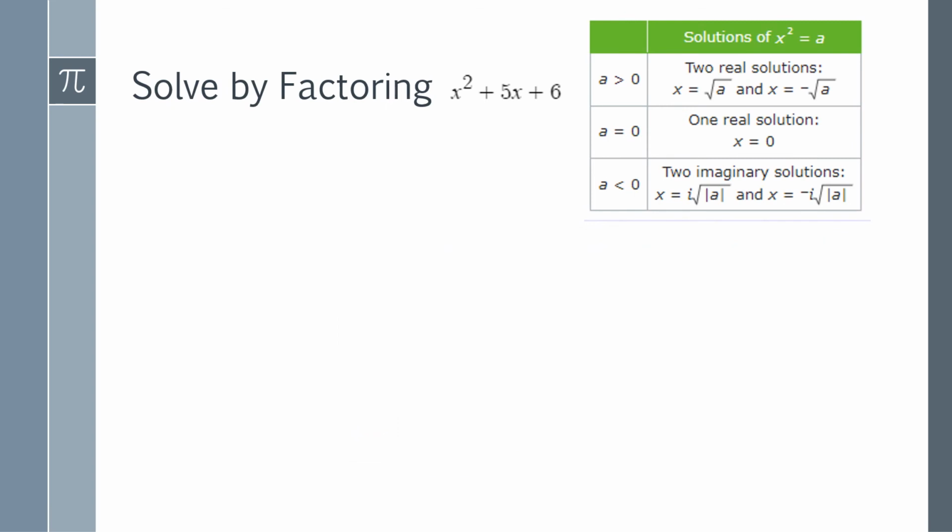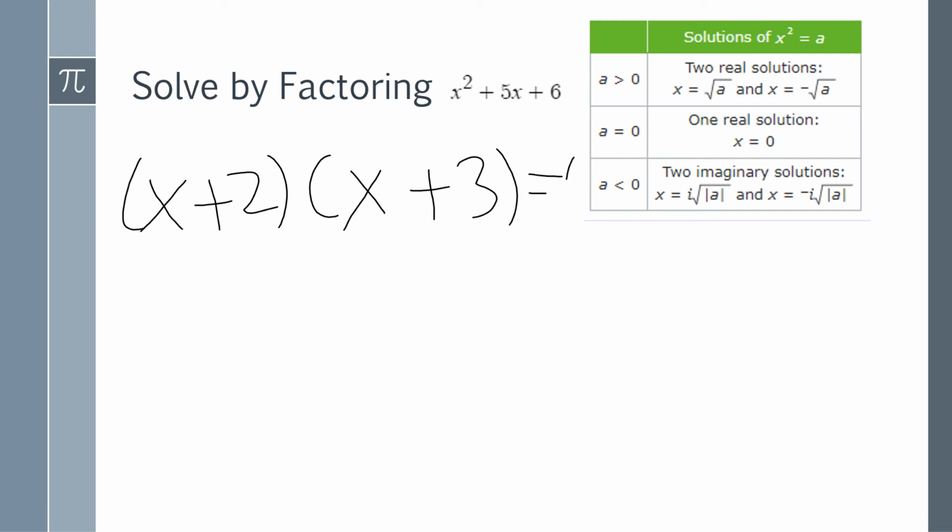So let's factor this. Solve by factoring. As we know, 2 times 3 is 6, 2 plus 3 is 5. So x plus 2, x plus 3 equals 0. And I'm going to have two answers in this case. So x equals -3 and -2.